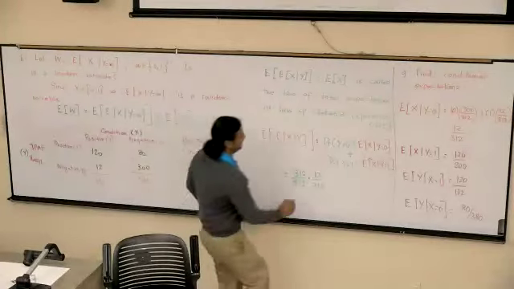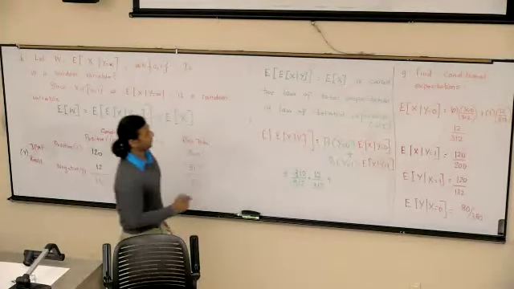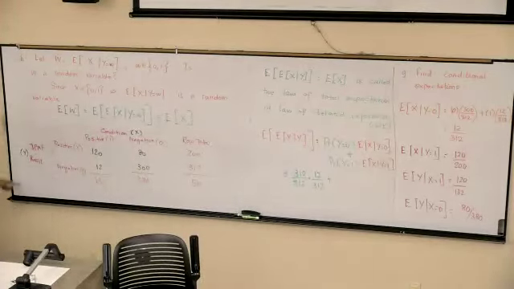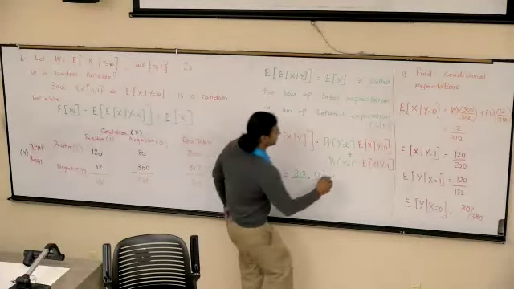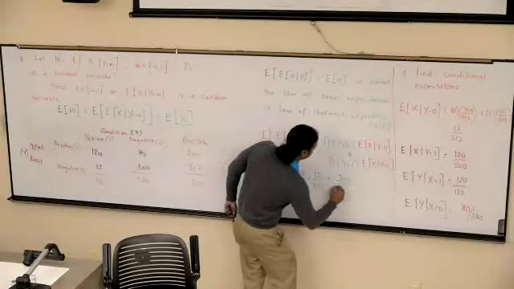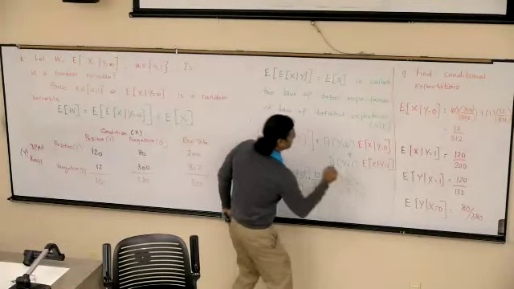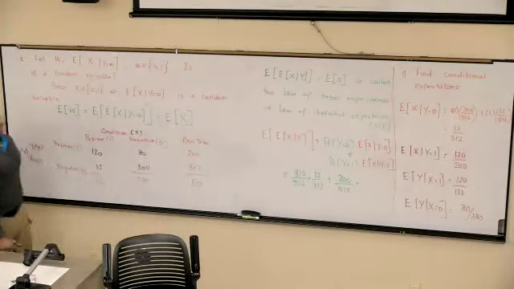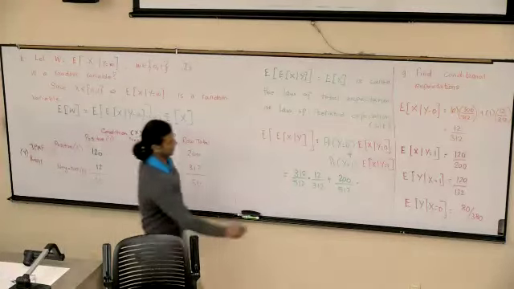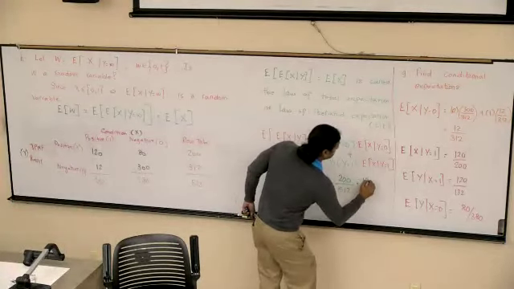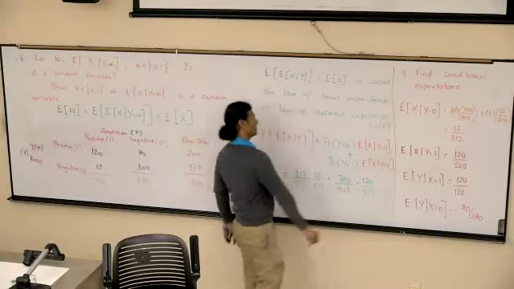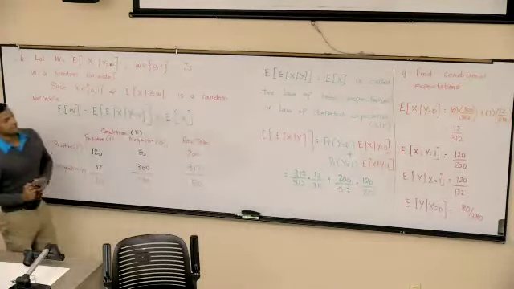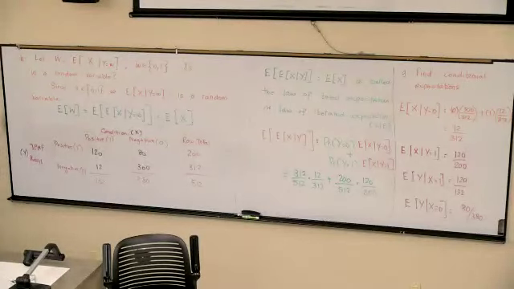Plus probability of Y equals 1 would be 200 over 512, multiplied by expectation of X given Y equals 1, 120 divided by 200.